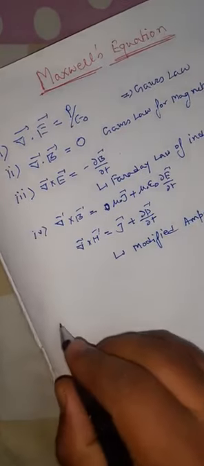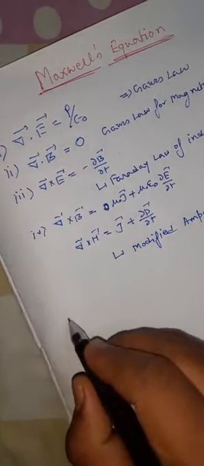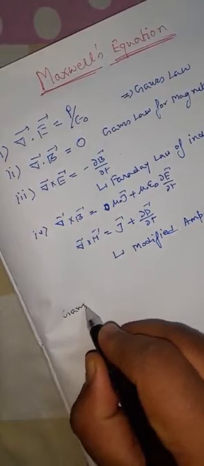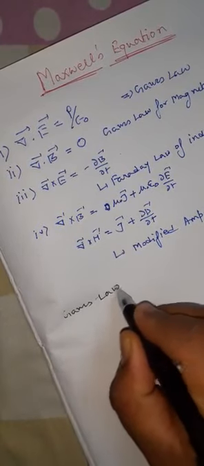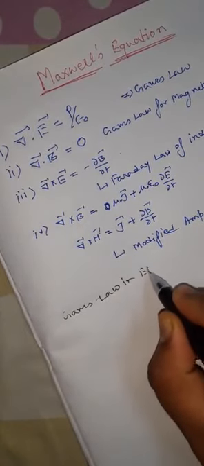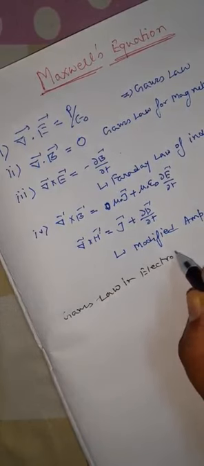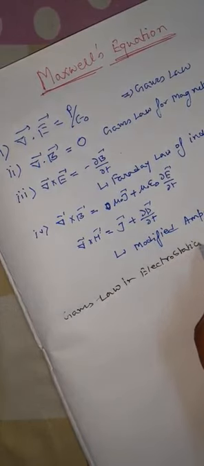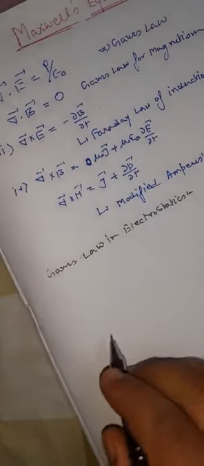So let us first discuss Gauss's law in electrostatics. If you remember, Gauss's law states that the electric flux through any bounded surface is equal to the charge enclosed within that system.